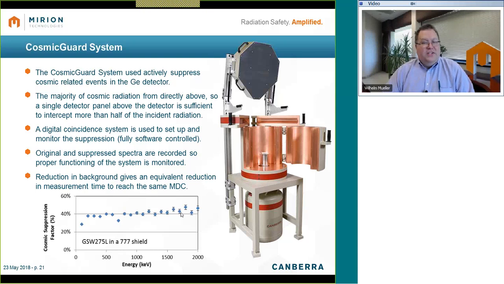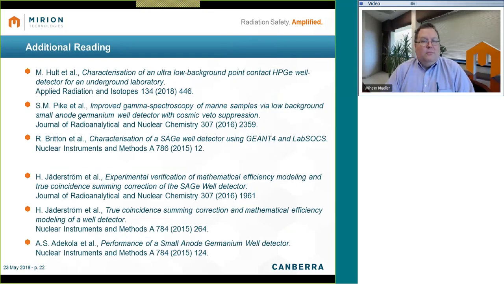So these are the features that I wanted to present to you, and some of the advantages and benefits of the Sagewell detector. This is just a very brief introduction, but I'd also like to point out some additional reading that is available in the public sphere in publications of Applied Radiation and Isotopes, Nuclear Instruments and Methods.